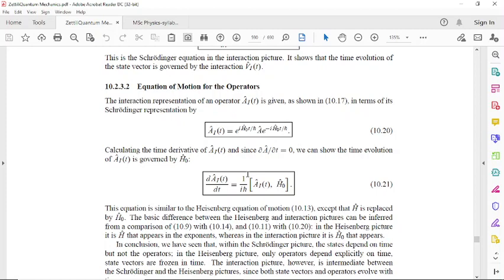Then finally we can write 1 by i h cross commutator of A_I of t and H0.